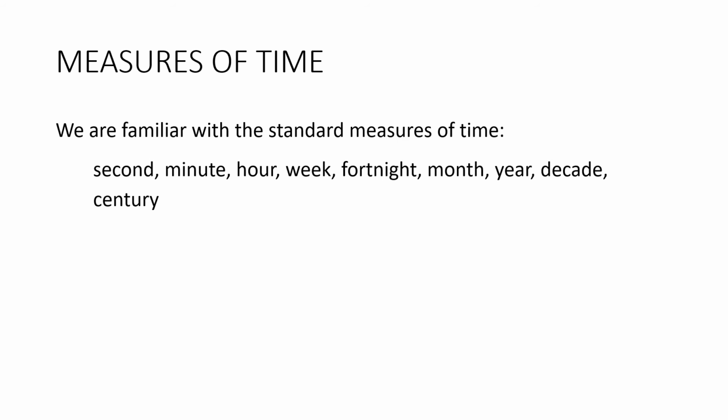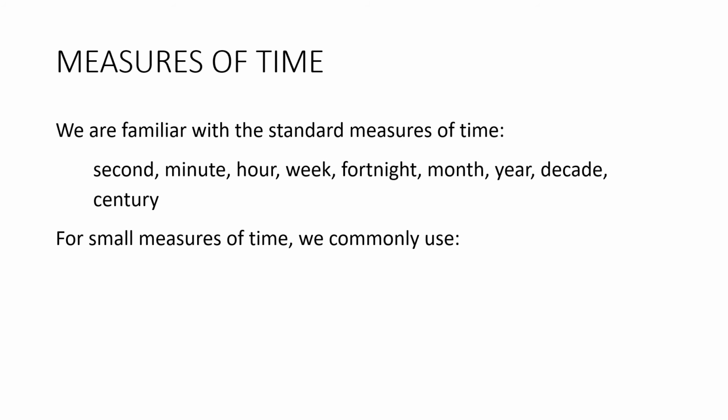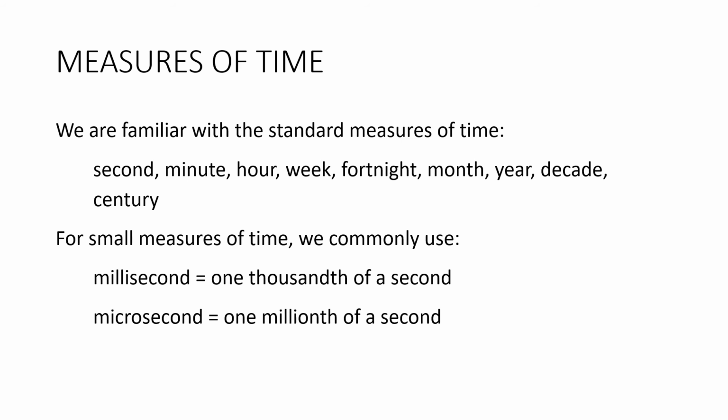Now you should be familiar with the standard measures of time. They are second, minute, hour, week, fortnight, month, year, decade, and century. I'm not going to go through these conversions because they are second nature to most students, even though they're not decimal. But for small measures of time, we commonly use millisecond, which is 1,000th of a second, microsecond, which is 1,000,000th of a second, and nanosecond, which is 1,000,000,000th of a second.